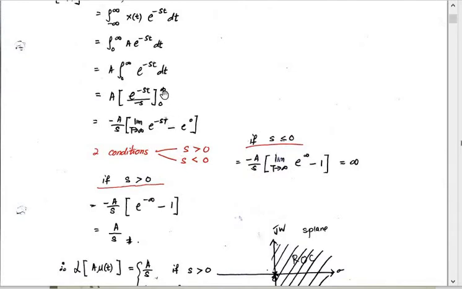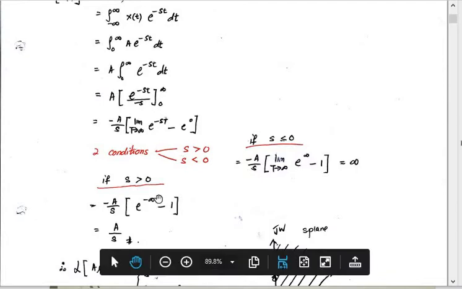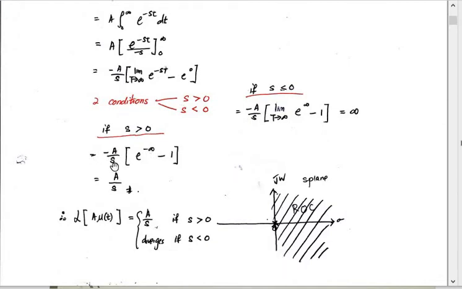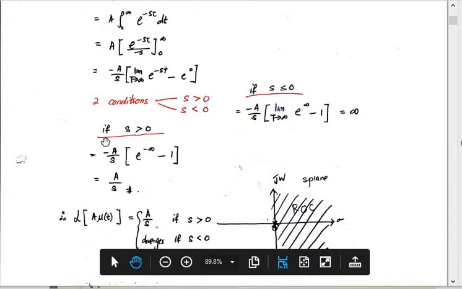We substitute infinity, so exponent negative infinity, and then minus 1. Exponent negative infinity, we get 0. So you have negative A over s multiplied with negative 1, so you get positive A over s. You have this value for s more than 0.